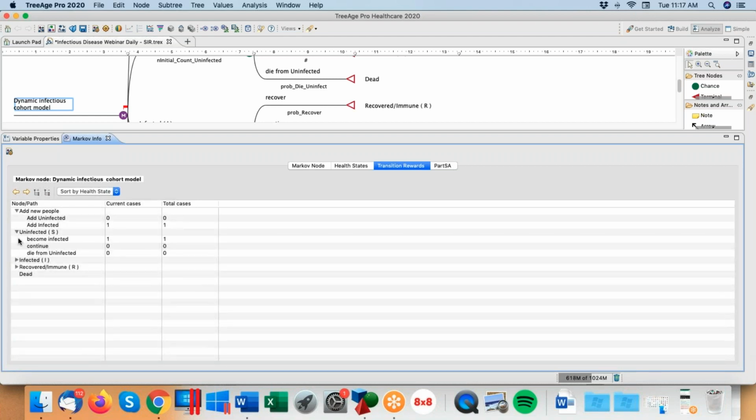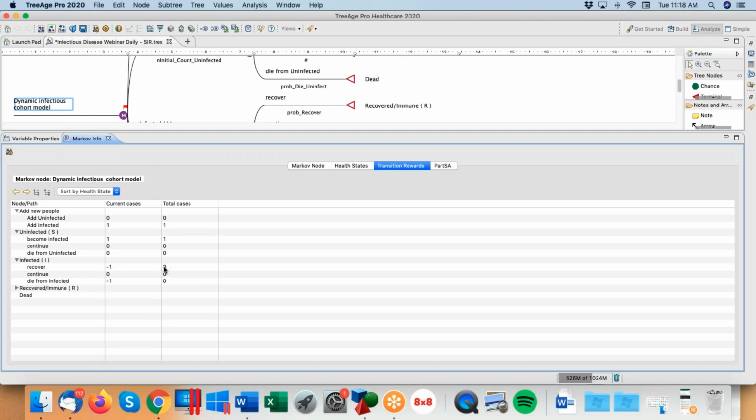And when uninfected people become infected, that's another case I have to add. When infected people either recover or die, I'm going to use that to reduce the number of current cases, but I'm not going to reduce the number of total cases because that's a cumulative. I don't want that to go down. So I'm tracking current cases and total cases in the model, both as people enter the model and as they develop or resolve infections. Those are my primary outcomes in this model.